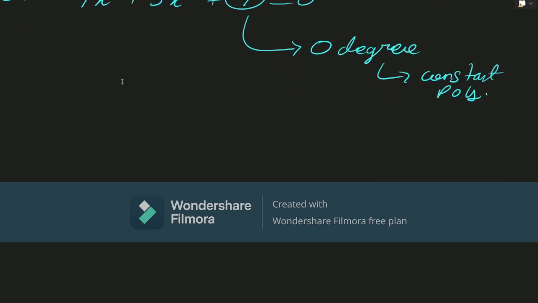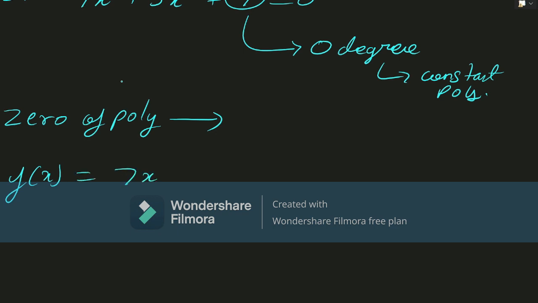Now let's talk about the zero of a polynomial. Now the zero of a polynomial is really easy. We have already learned this in 9th class as well. Now suppose we have f of x equal to, taking the same example, 7x square plus 5x to the power 7 plus 7 equals to 0. Now in this we need to put a value that will make this entire polynomial equal to 0.